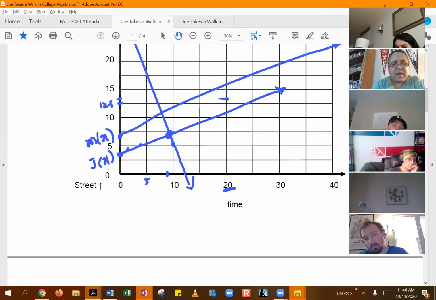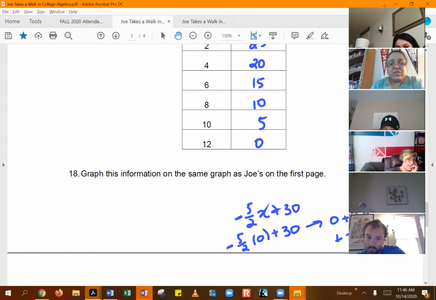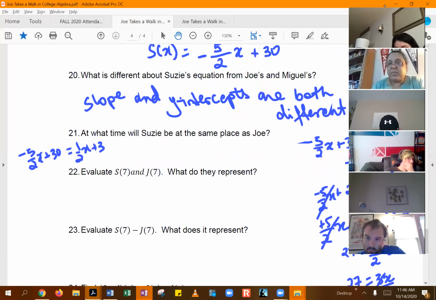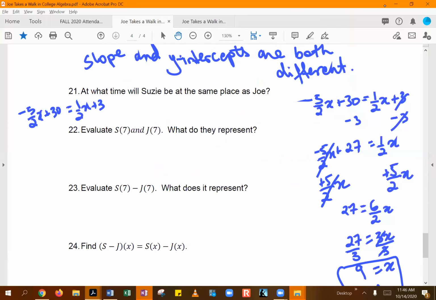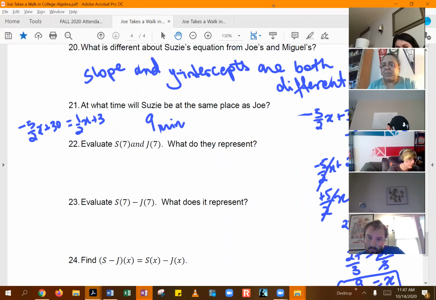Which again, my graph is not really very accurate, especially Joe's line is not graphed accurately. So yeah, the graph would definitely help you out with that. And so if you do have a decent graph, that should help you get that. So you should have 9 minutes. Maya, does that kind of help you out with your answer?